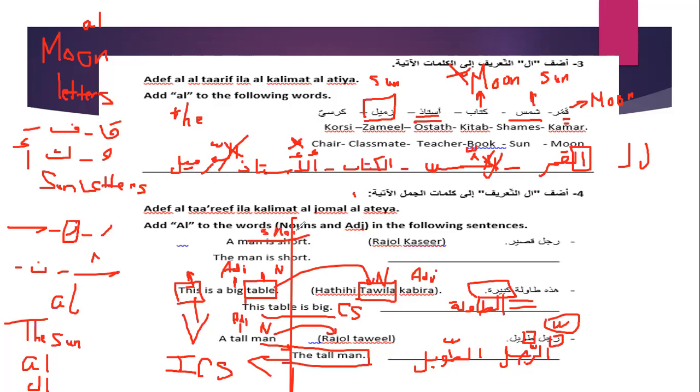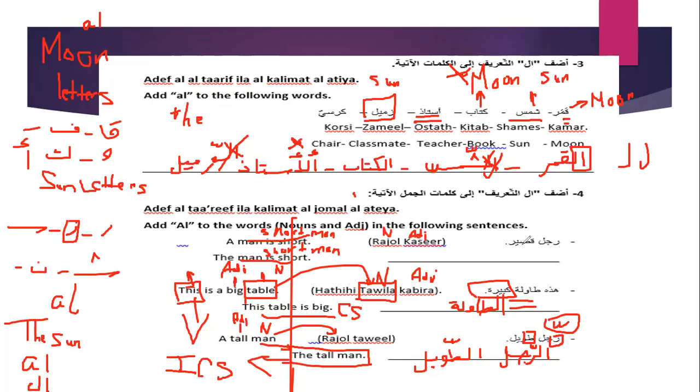Here we have a short man. The sentence here, a short man, becomes the short man, okay? It's the opposite of the last sentence, the short man. It's an incomplete sentence, yeah? So we need to add L to both the noun and the adjective. رجل is the noun, قصير is the adjective, okay?